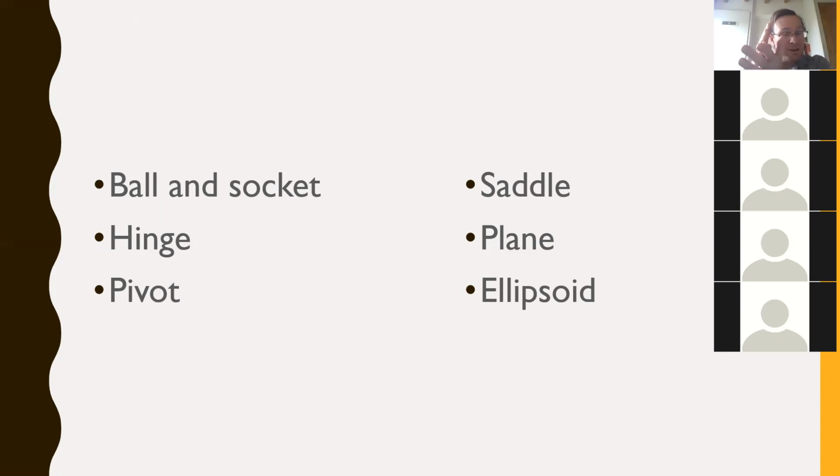We also have them in the feet between the short bones. And then lastly, we looked at the ellipsoid, that quite strange structure where you've got one really rounded surface fitting onto another, similar to a ball and socket, but not allowing that same level of rotation.